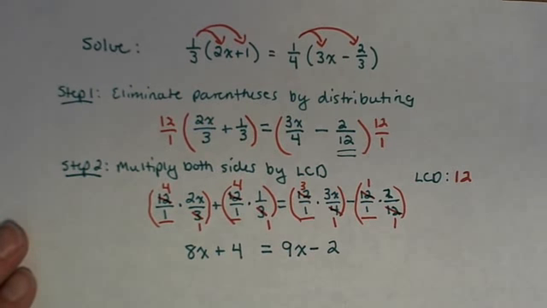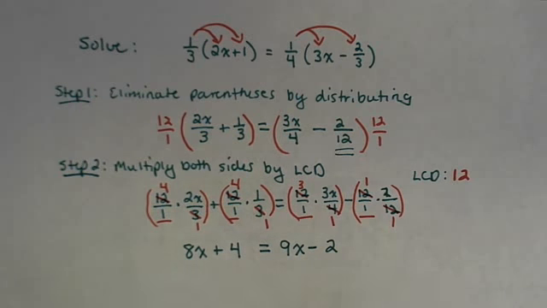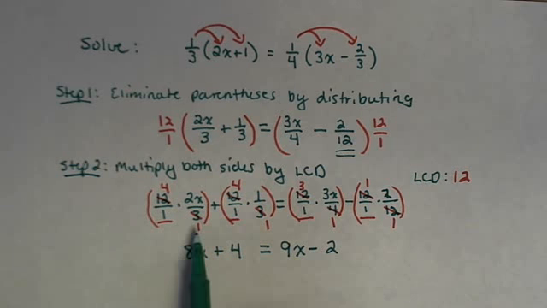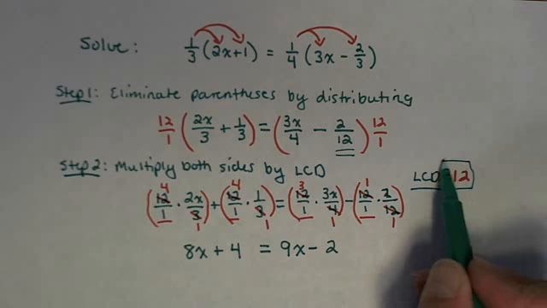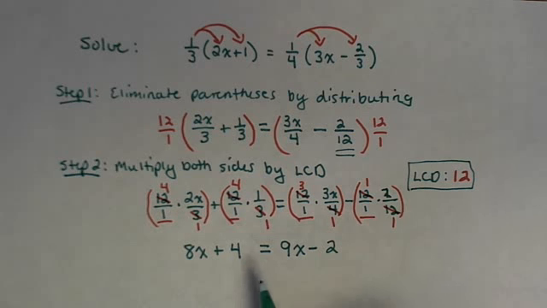So if you look carefully at the pattern that emerged here, notice that I was able to cross-reduce with the denominators in each set of fractions, and each time it gave me a 1. That's the whole reason I choose to multiply by the lowest common denominator. Once I have integer values, it's much easier to solve.